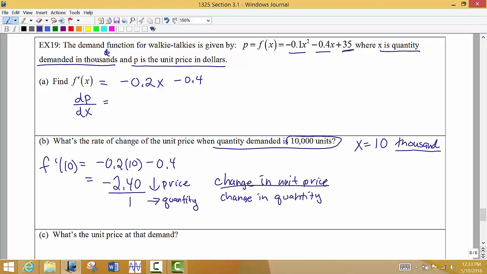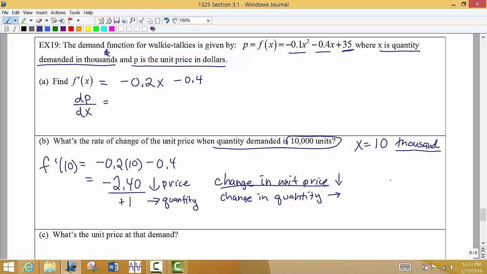Notice that the price is negative, so that tells me it's going down. The unit price is going down. The bottom number is positive, so that's divided by a positive 1, which tells me the change in quantity is increasing. If you sell 10,000 units, the price is going down by $2.40.